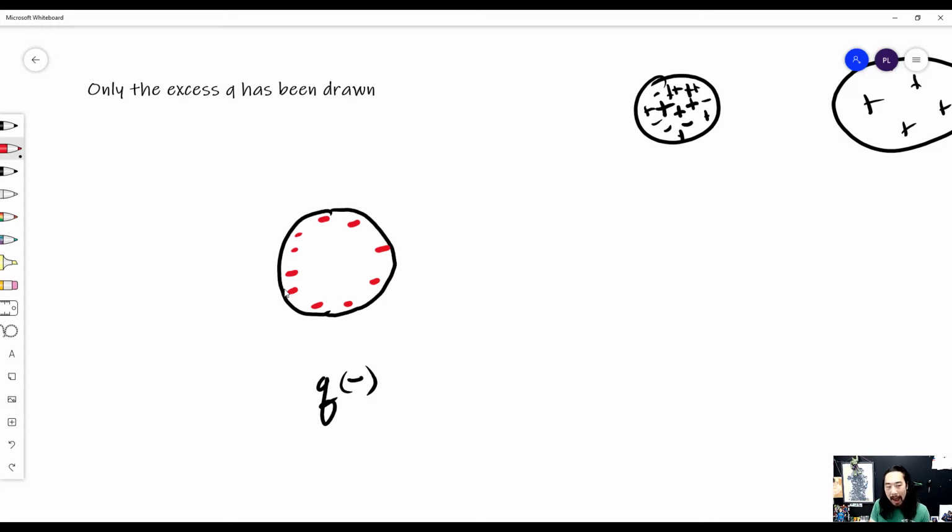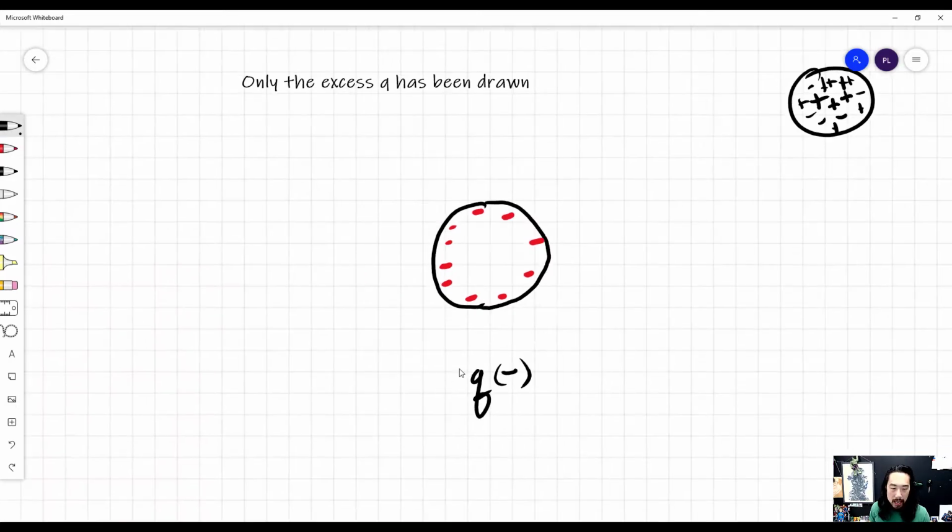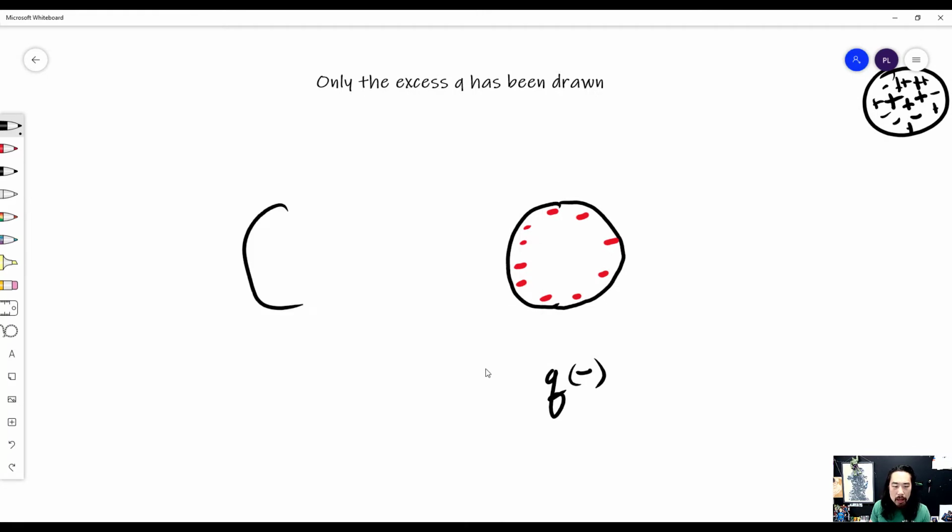So if this is an after picture, it can be drawn if this is, let's say, a before picture. If we put negative charges at one point of this metallic sphere, because negative charges, like charges, repel, they will all repel to the outside edges.